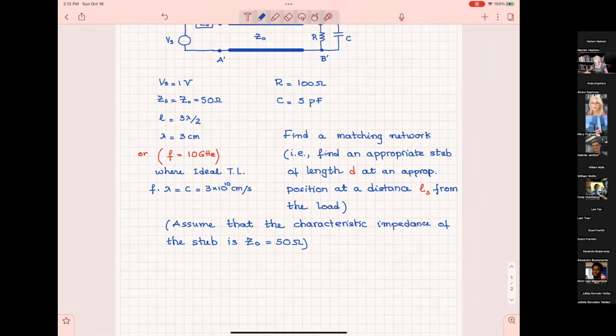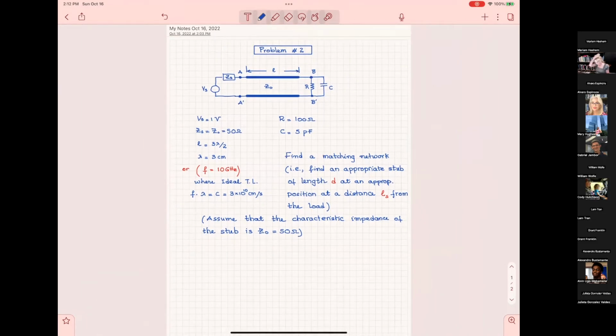Okay, that is a matching problem. And that's probably, with all of the detail that I included here, how I'm going to give it to you. All right, so now we have part A of the problem.